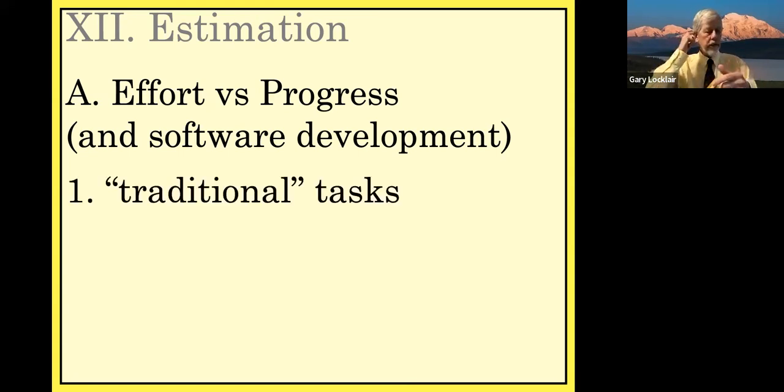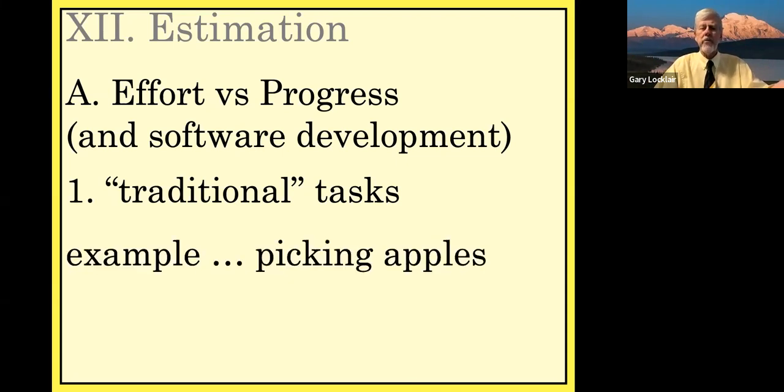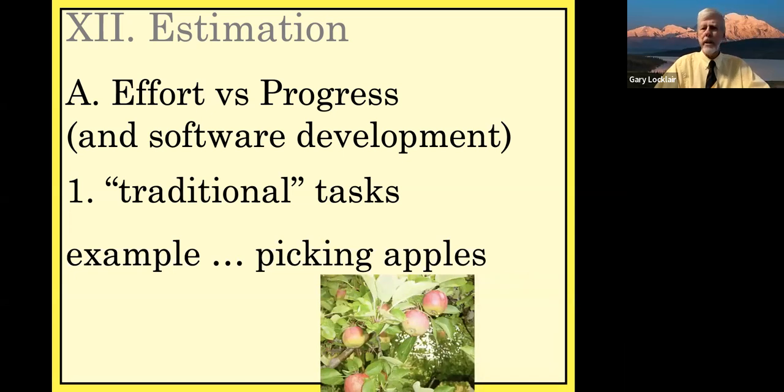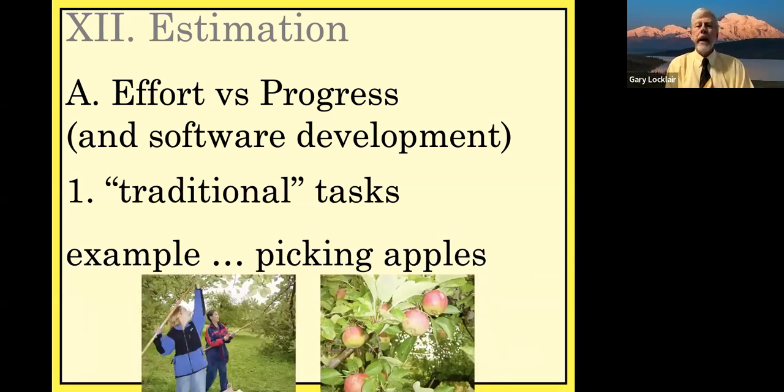Now, Brooks started off that article. Make sure you understand that in some cases, effort and progress are linearly related. More effort, more progress. That happens in what I'm going to call traditional tasks, like manufacturing, or Brooks's example, I think, was picking apples. Imagine that you own an apple orchard. I know you likely do not. But let's say that you know that it's going to take 1 week to pick 1 acre of apples.